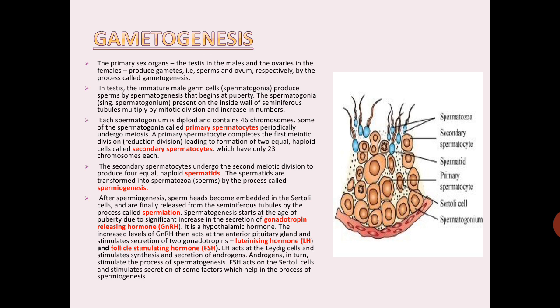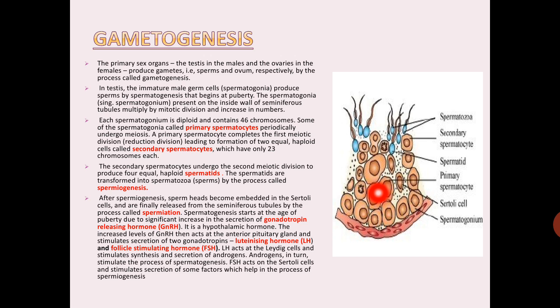Each spermatogonium is diploid and contains 46 chromosomes. Some of the spermatogonia, called primary spermatocytes, periodically undergo meiosis.